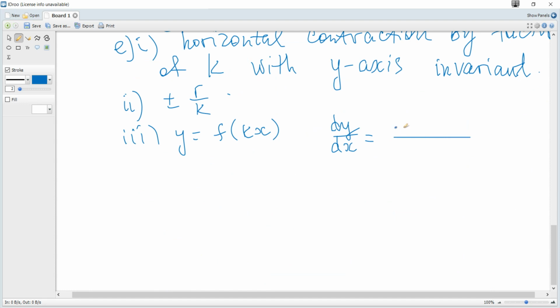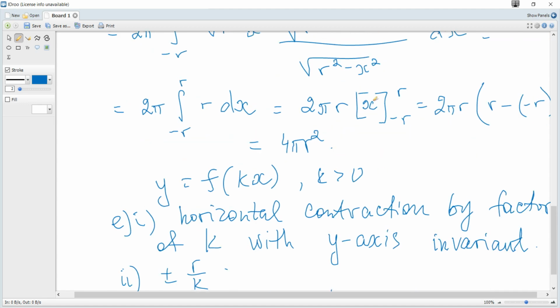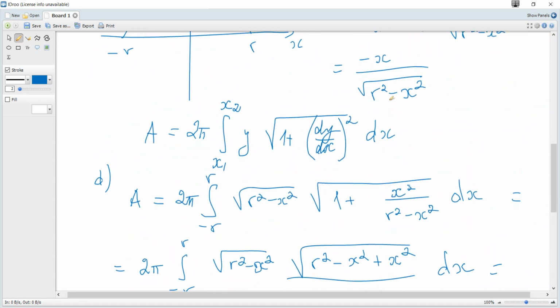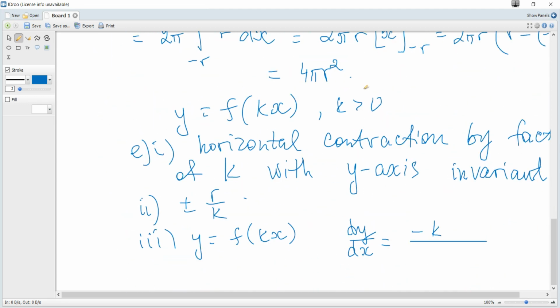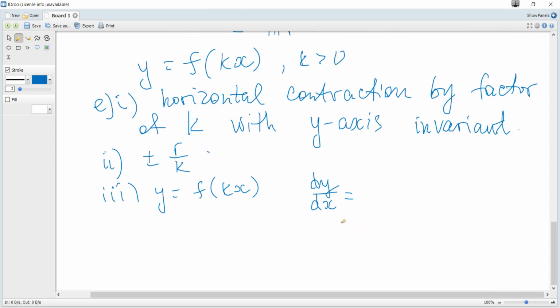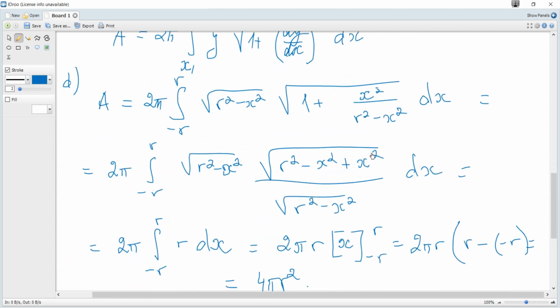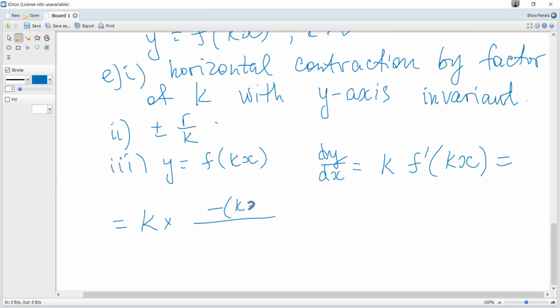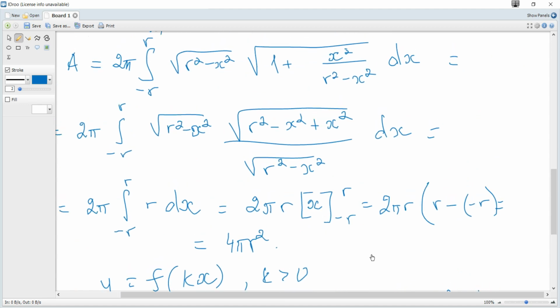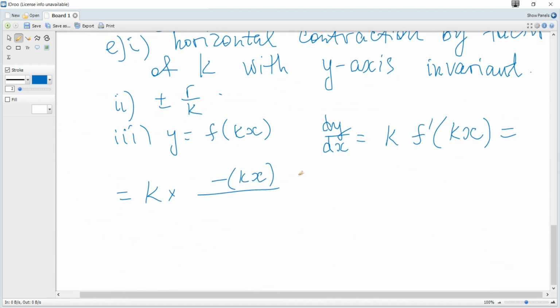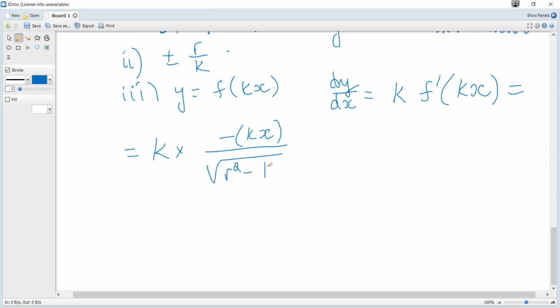It will be dy/dx equals k times the derivative of f at kx, and the previous derivative is negative x over the square root, so it's negative kx, divided by square root of r squared minus (kx) squared, so minus k squared x squared.